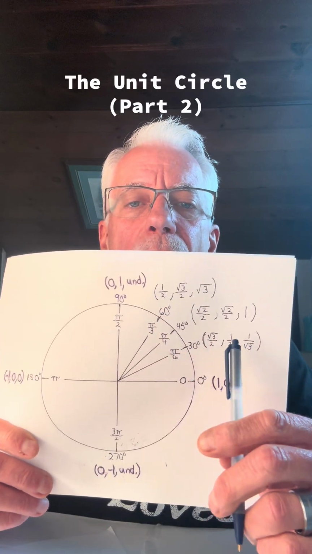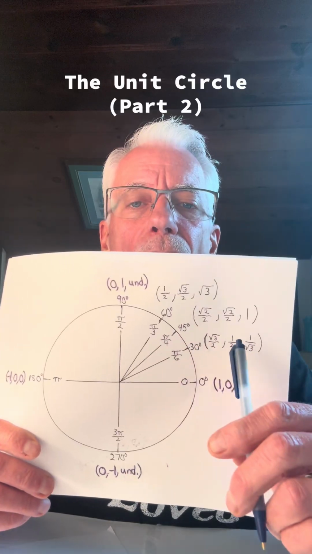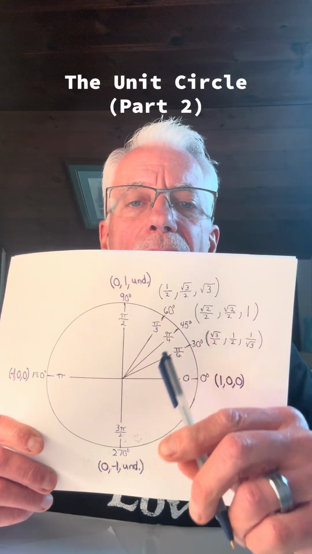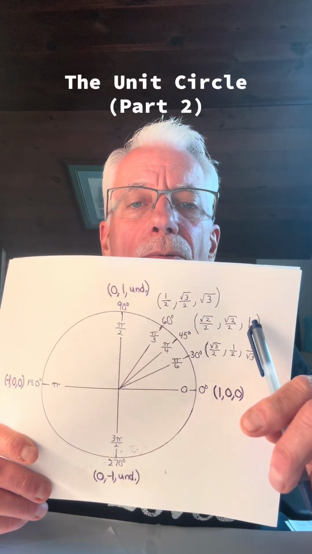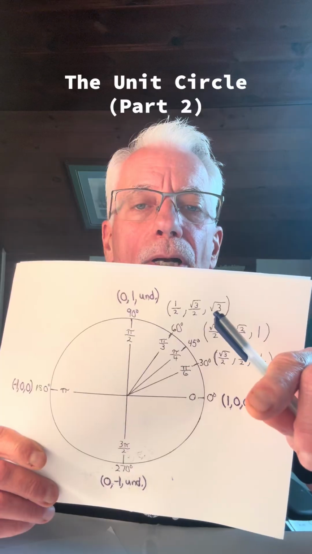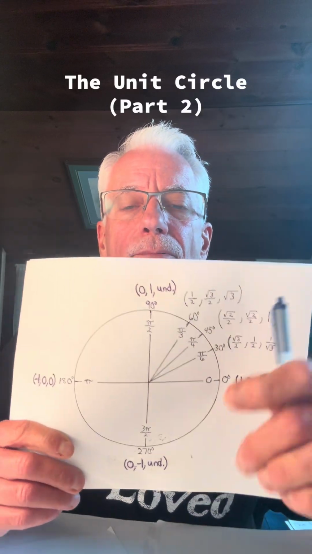Sine goes the opposite, 1, 2, 3, so it goes 1 over 2, root 2 over 2, root 3 over 2. Tangent goes 1/3, 1, 3, so it's 1 over root 3, 1, root 3 right there.